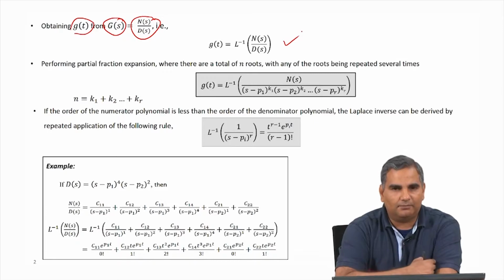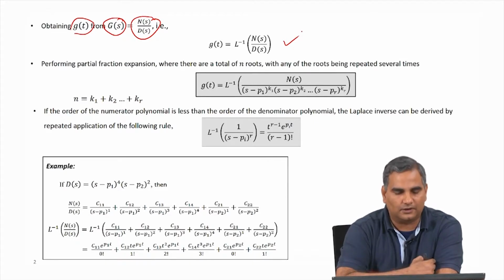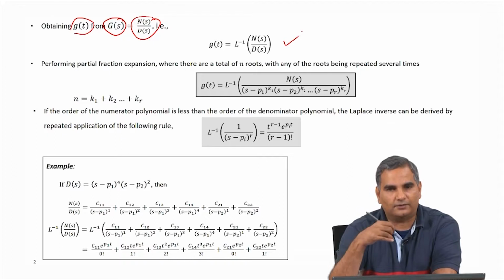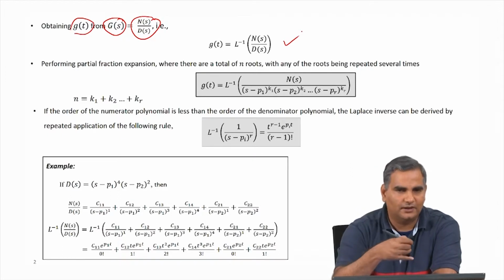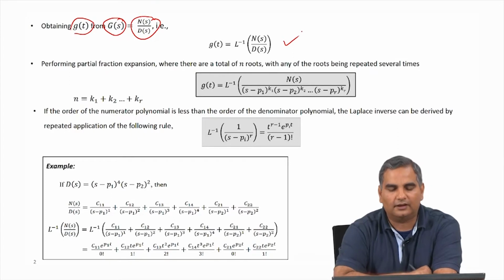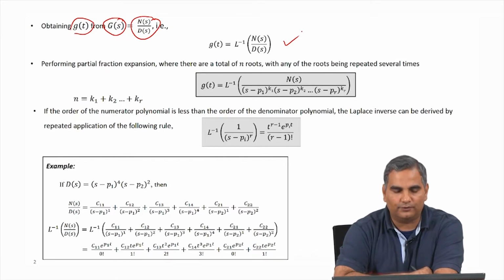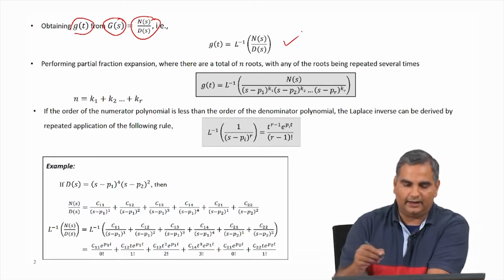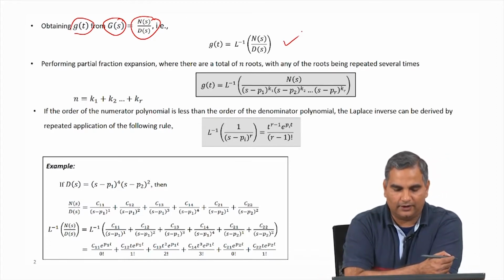The only thing that will happen when you have complex roots, there will be a complex conjugate root pair whenever you have a complex root, that is the only thing. And basically when you have a complex root and a complex conjugate pair, you think of them as two roots of the system and then simply proceed the way that I am going to show you in terms of how you should do it.